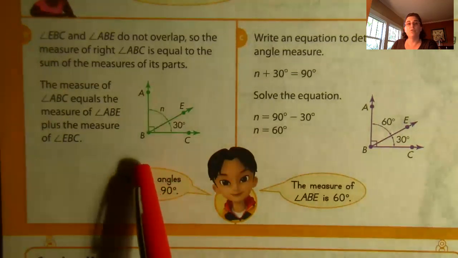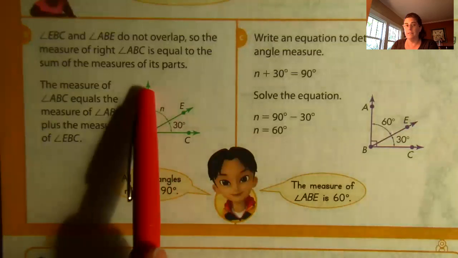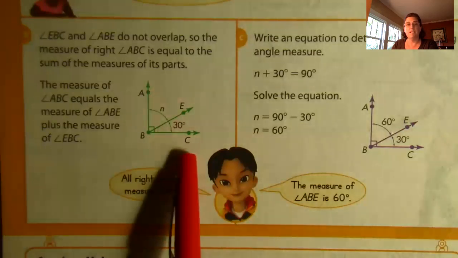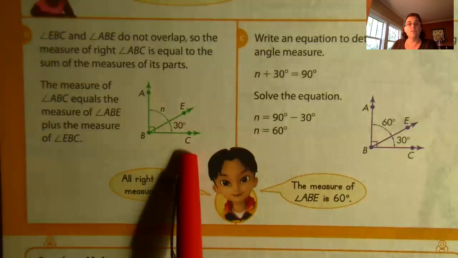So the measure of the right angle, ABC, is equal to the sum of the measures of its parts. And we already know, kids, that a right angle has how many degrees? Exactly, a right angle is exactly 90 degrees.